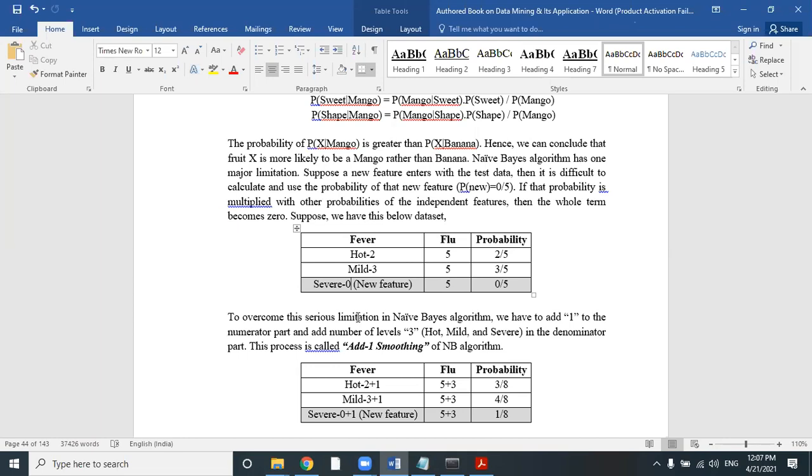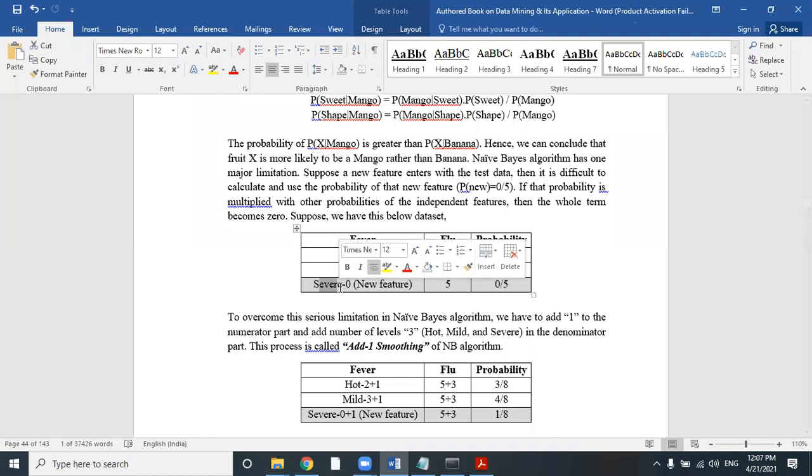So suppose for the sake of simplicity, we choose the 80:20 breakdown ratio. So you have an input data set with 100 instances. 100 instances means 100 tuples. Among these 100 tuples, 80% will be used to construct the training data set. That means the first 80 tuples are used for the training data set, and the rest 20 tuples are used for the testing data set. Now the severe value in this fever feature has come for the first time into a testing data set.